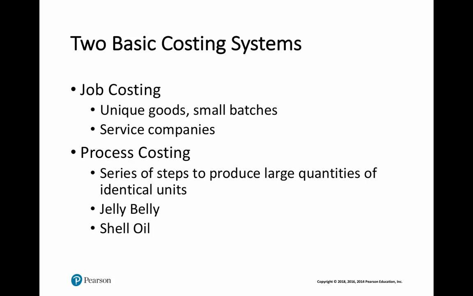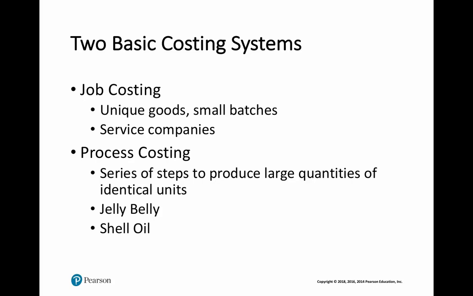Process costing companies, it's a series of steps. Every one of our products that we make, every individual piece of inventory, every bottle of Coca-Cola that is produced goes through the same steps as the bottle to its left and the bottle to its right. We have our manufacturing plant set up, and then it's just going to roll through.